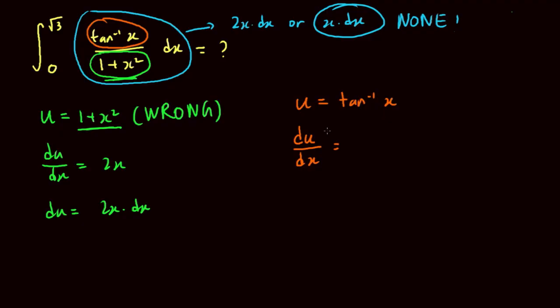So the derivative of tan inverse x is simply 1 over 1 plus x squared.